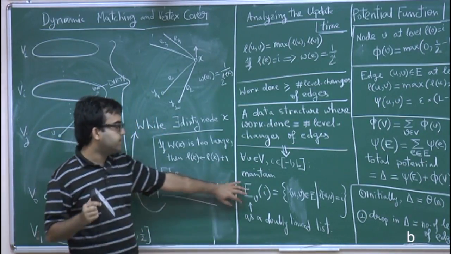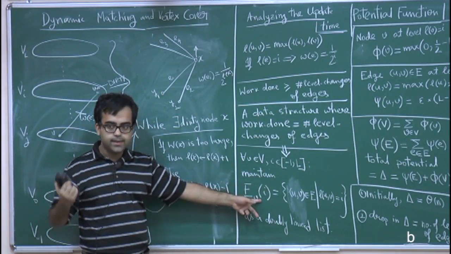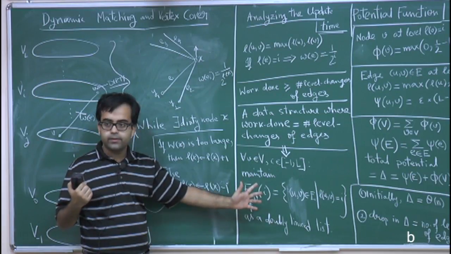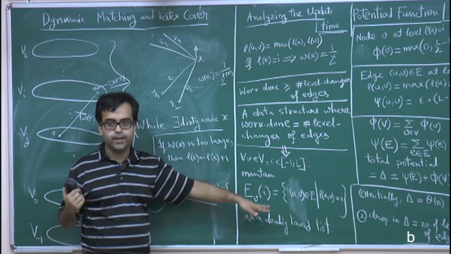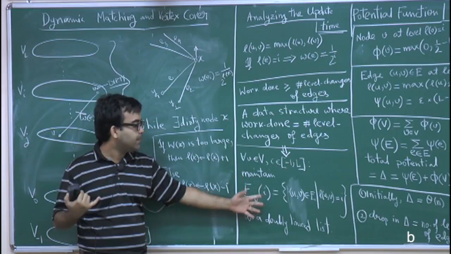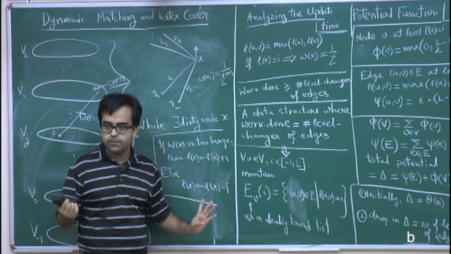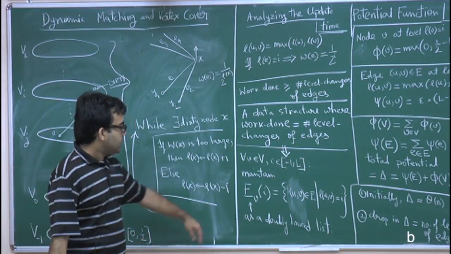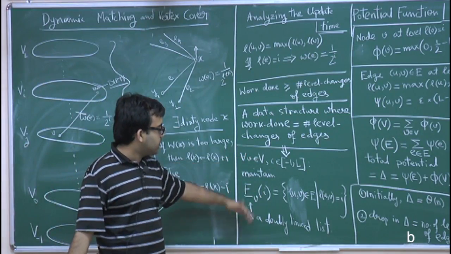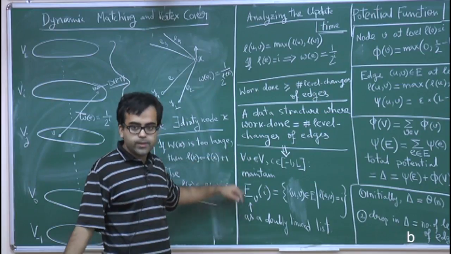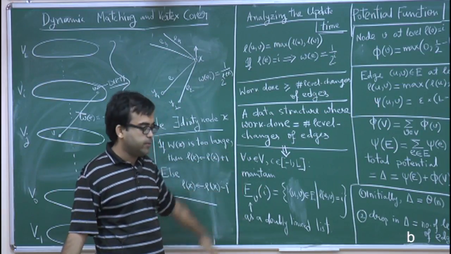And of course, what we will do is each edge will maintain a pointer to its position in these doubly linked lists, and the point being then you can insert and delete an element from these lists in constant time. Okay. Now, this is a pretty natural definition, right, that you are just maintaining these edges for every node.